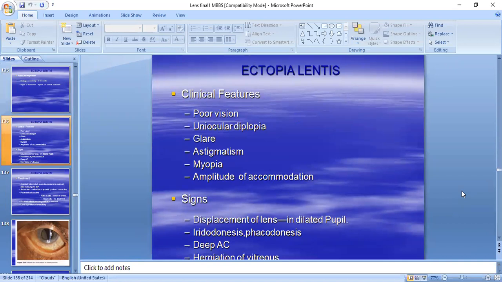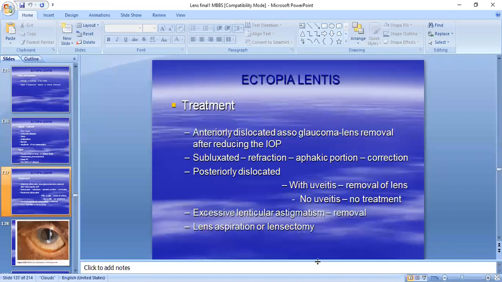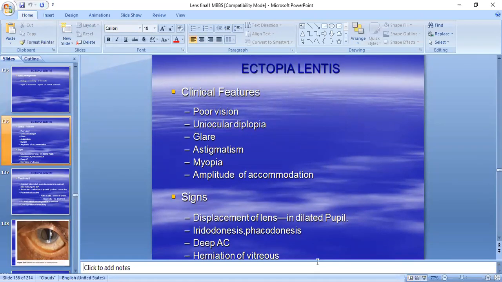There can be poor vision, uniocular diplopia, glare, astigmatism, myopia, and accommodation will definitely be altered because of the partial severing of the zonular dehiscence. Signs will be displacement of the lens.